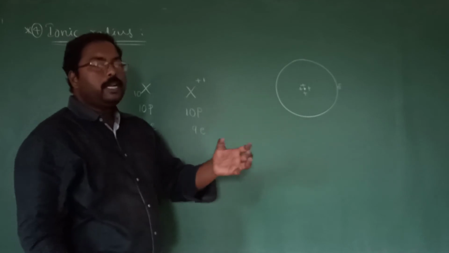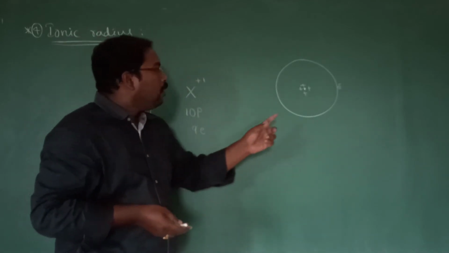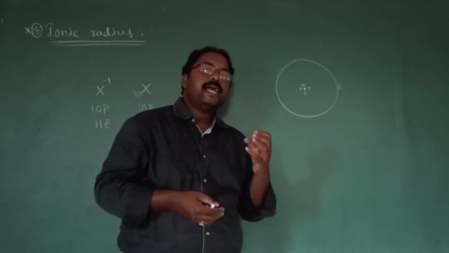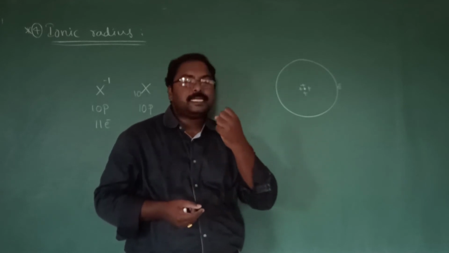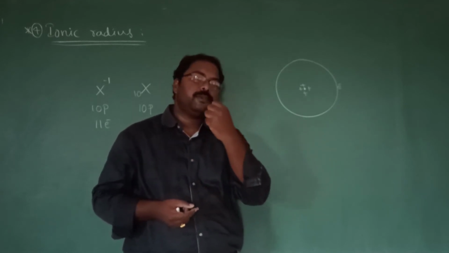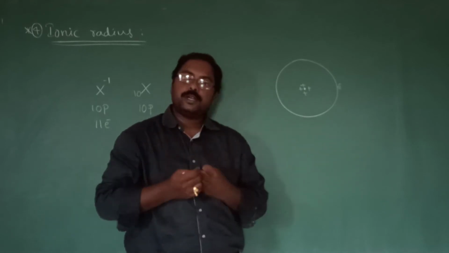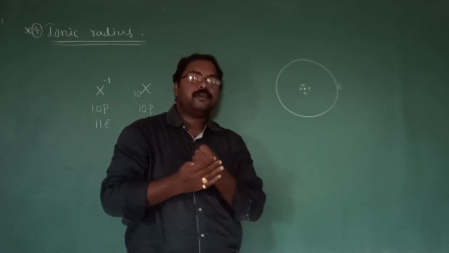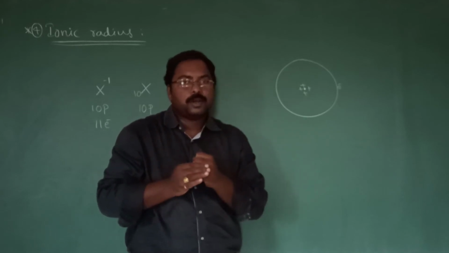Right? What does positive do? It attracts the negative towards it. Okay? Now regarding this nucleus, if it has more positive charge, when the nuclear charge is more, what will it do? It attracts the electrons very strongly towards it. Okay, when it is attracting very strongly towards it, what happens? Electrons will come somewhat closer to the nucleus.